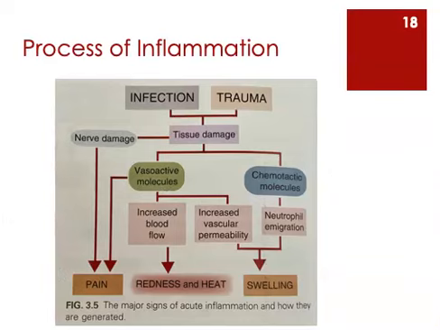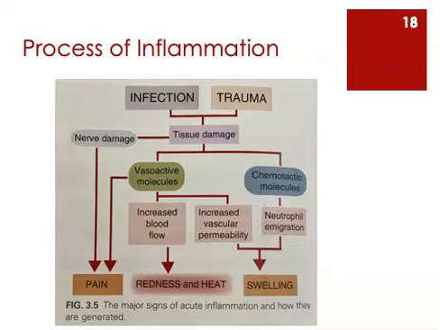It's the sentinel cells that have the PRRs, those receptors that bind to PAMPs and DAMPs from microbial invaders. And when that binding occurs, it triggers a response, and the response that it triggers is inflammation.